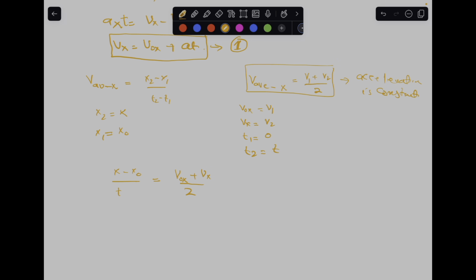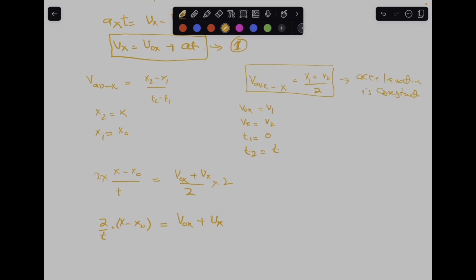Multiplying this equation by 2, we get 2 over t times x minus x naught equals v naught of x plus vx.